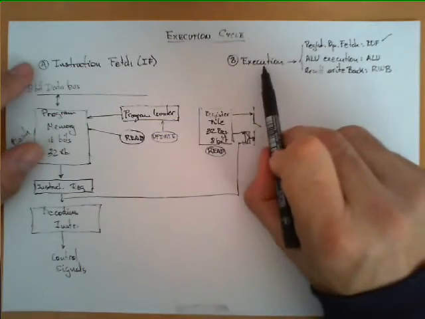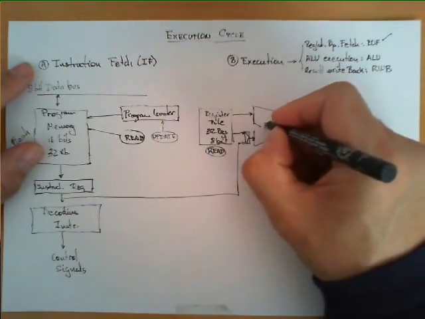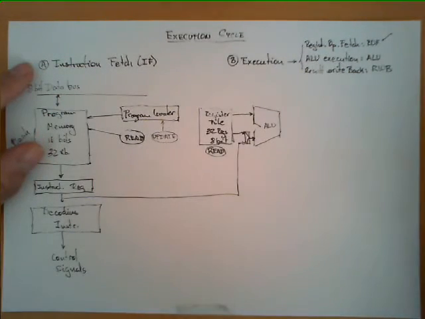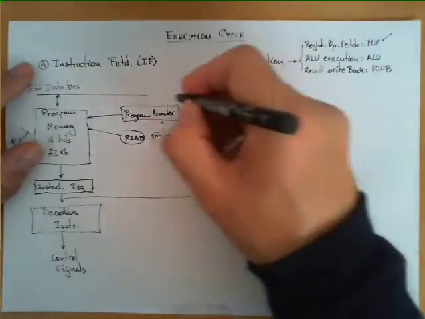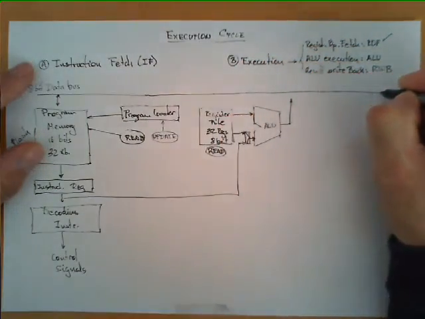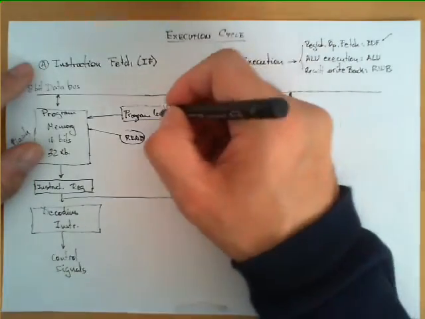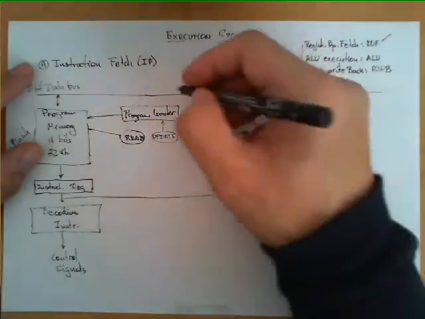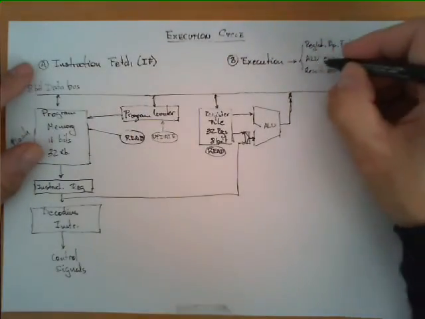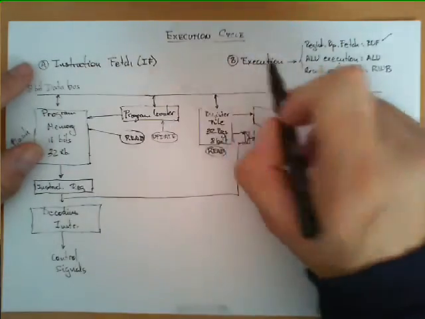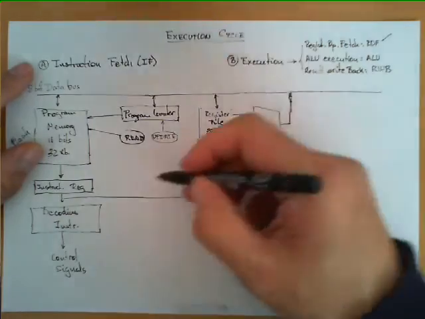Next substage, part of the execution phase, is the ALU execution. So the ALU is receiving these two operands from the register file or the register file and instruction register, and is producing a result. Now remember, all these blocks are connected to the 8-bit data bus. So during this second substage of the execution stage of the cycle, the ALU performs the operation that is required for the instruction.